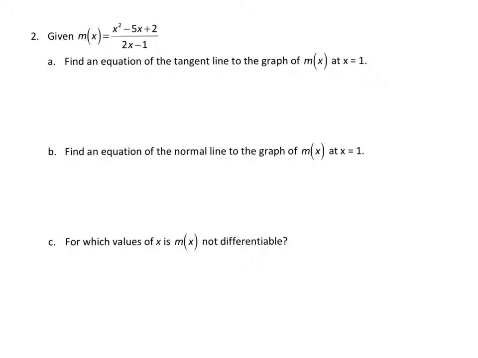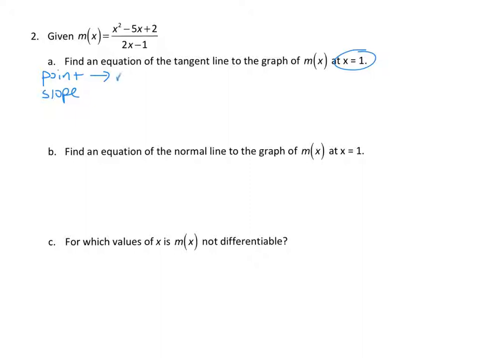Okay, so to write the equation of a tangent line, there are two things you need. You need the coordinates of the point, and you need the slope. So for the point, we are going to find the y-coordinate of the point. We already know the x, so I'm going to plug 1 into the original function.